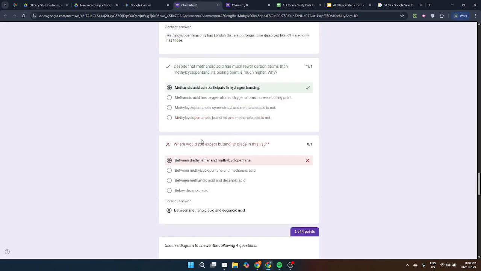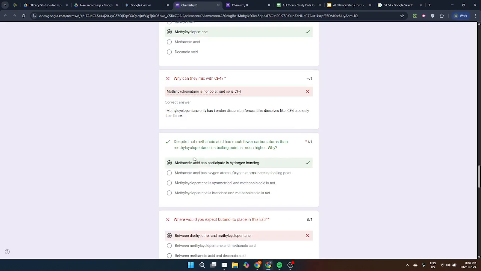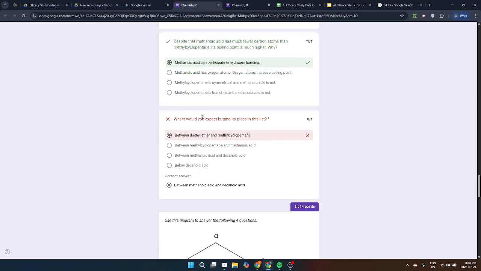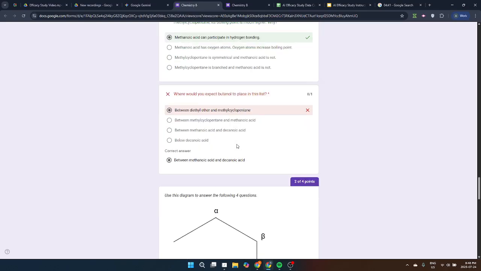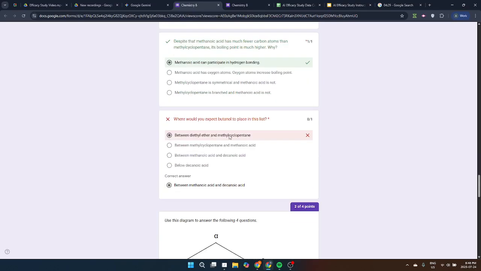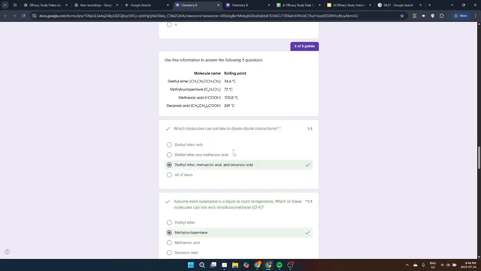That's why I selected, what was it, for this question, participate in hydrogen bonding. Yeah, that's one of the big intermolecular forces. Where would you expect butanol to place on this list? I was running out of time here, so I quickly selected this one. My logic was that I was looking primarily at the size of the molecule.